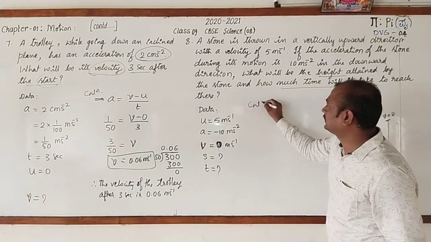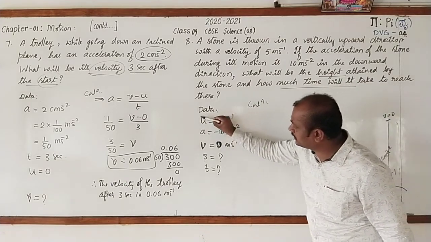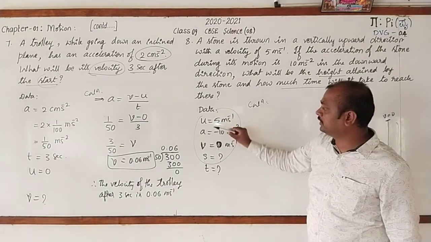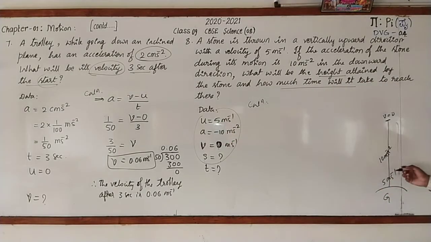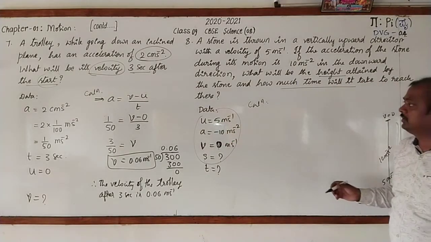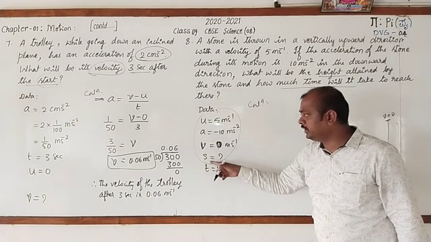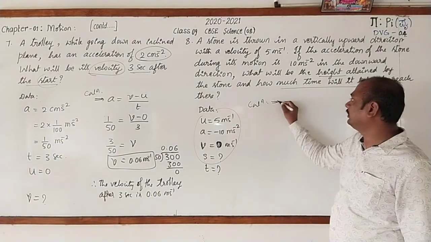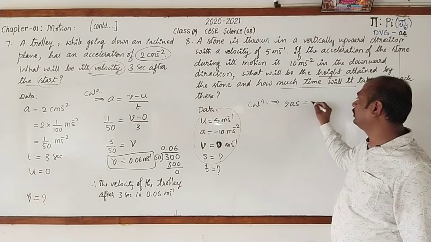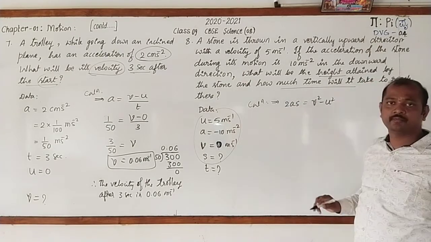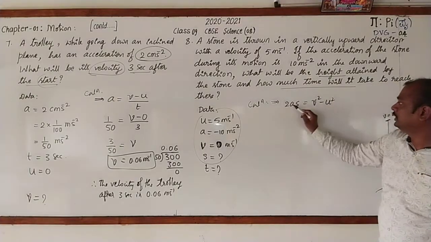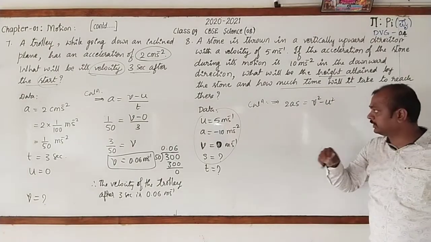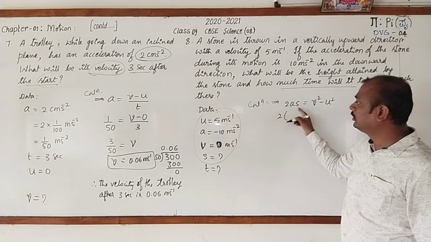Let's go for calculation. First, observe it. Which equation can be taken? Can we go for taking 2AS equal to V square minus U square? Observe. All terms are there. Next, 2 into what is A?